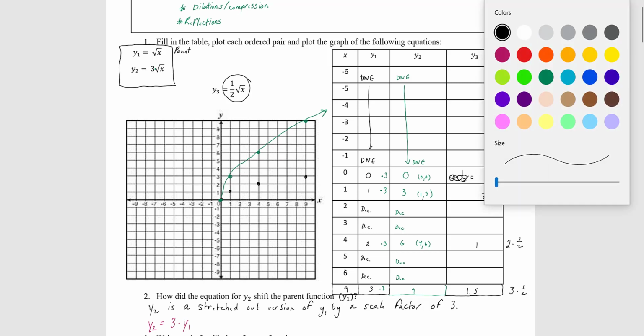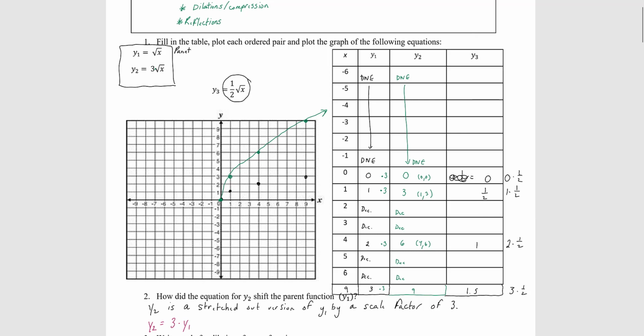So these new points, remember we're going back to the parent function, so the new points are 1, 1/2, 4, 1, and 9, 1.5. So graph those 3 or 4 points, and then you can see what's happened. The graph has been compressed. All of the y coordinates have been scaled back by 1/2.